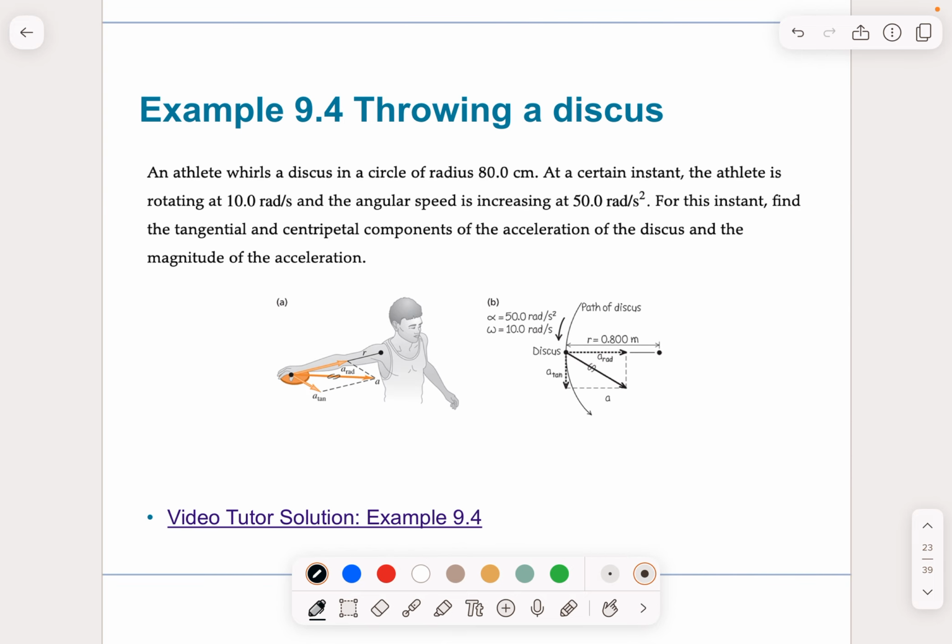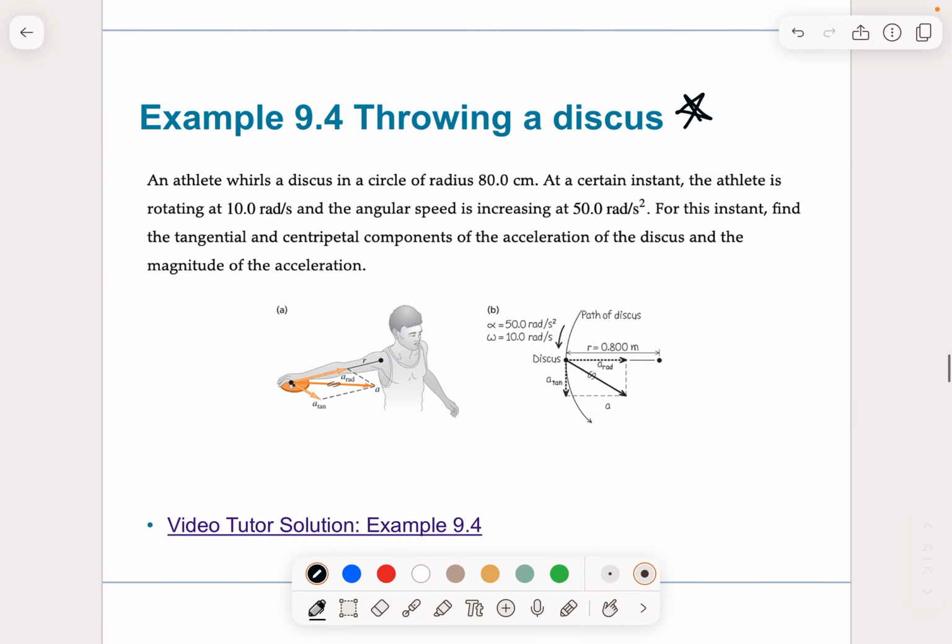In this example, we are exploring the two components of acceleration, and this is a really good example that's going to help you solidify your fluency in angular acceleration. We have an athlete that whirls a discus around in a circle of radius 80 centimeters.